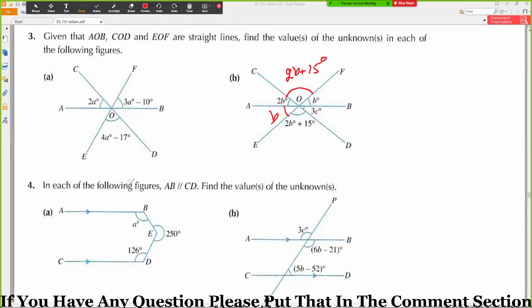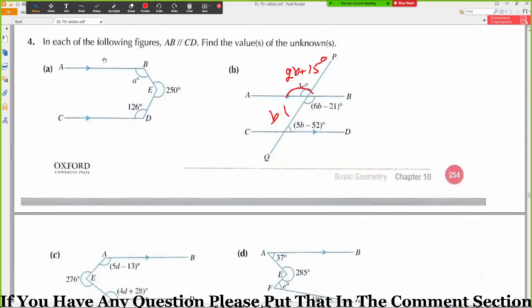In each of the following figures, AB is parallel to CD. Find the value of the unknown. Question number 4. In this question, AB line is parallel to CD line.